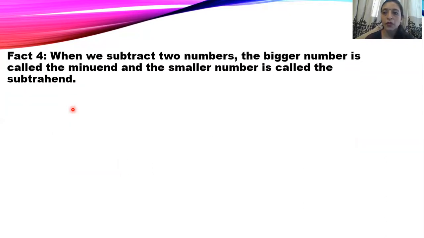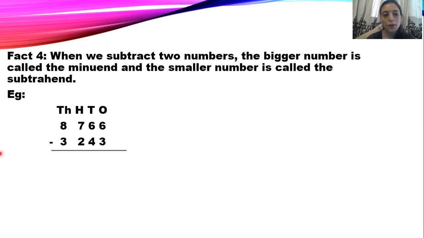Now fact number 4. When we subtract two numbers, the bigger number is called the minuend and the smaller number is called the subtrahend. I'll show you one example. Suppose this is the number 8766 and the smaller number is 3243.